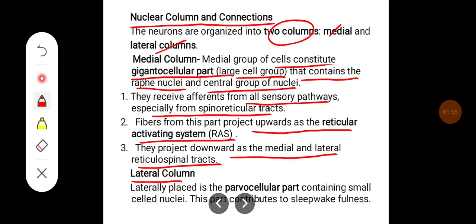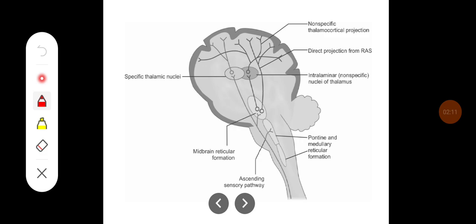You see the lateral column, it is laterally placed and is the parvocellular part containing small celled nuclei. This part contributes to sleep and wakefulness. So here are the brainstem reticular nuclei.